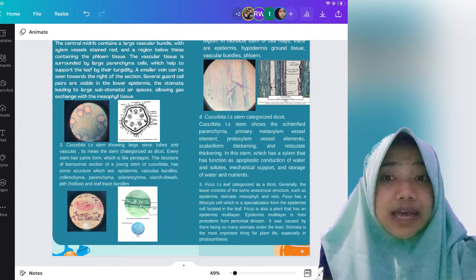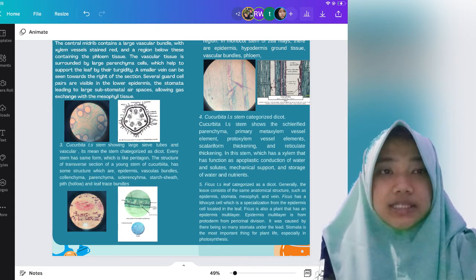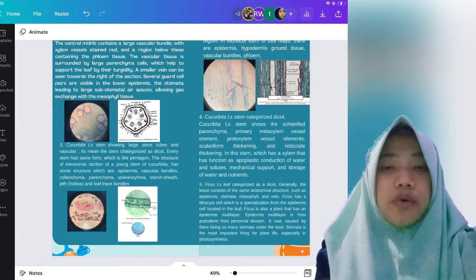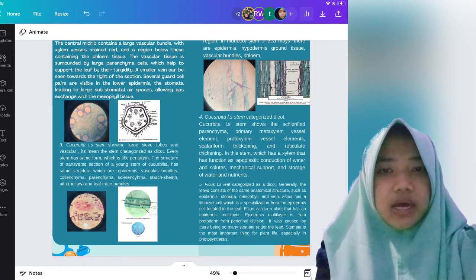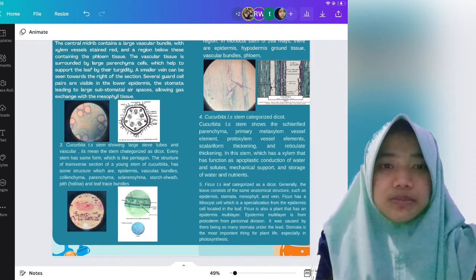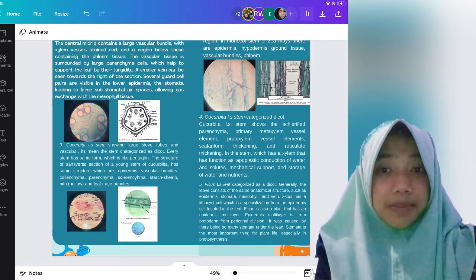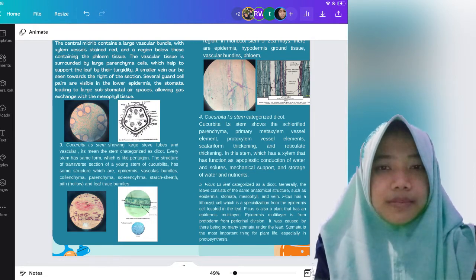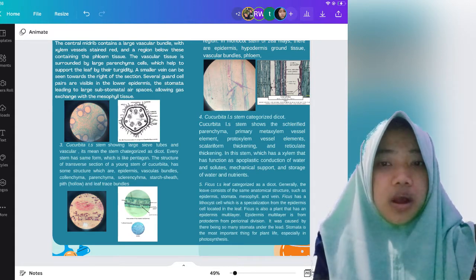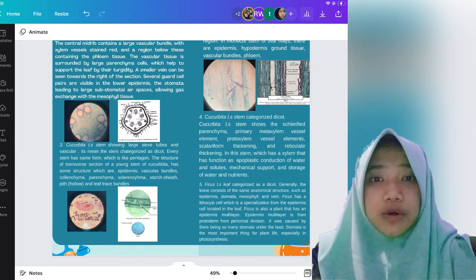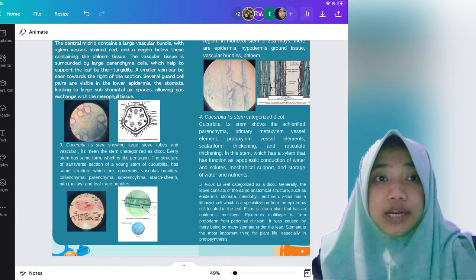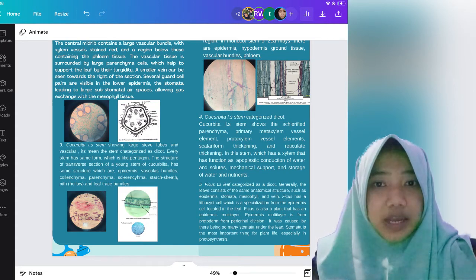Every stem has the same form, which is like a pentagon. The transverse section of a young stem of cucurbita has some structures, which are epidermis, vascular bundles, collenchyma, parenchyma, sclerenchyma, structure sheath, pith or hollow, and leaf structure bundle. And the fourth is cucurbita longitudinal section stem, categorized as dicot.